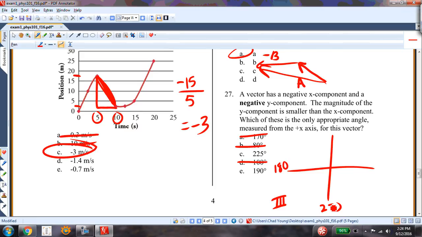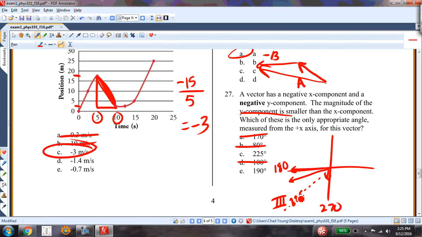Now I want to look at these magnitudes. The magnitude of the y component is smaller than the x component. That means that the vector is going to look like this, because this component is going to be smaller than this component. So my vector lies somewhere up above the midpoint. This goes from 180 to 270. That means that the midpoint is 225.